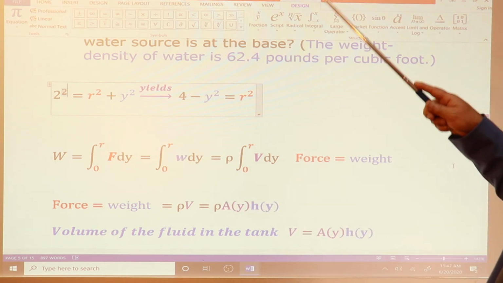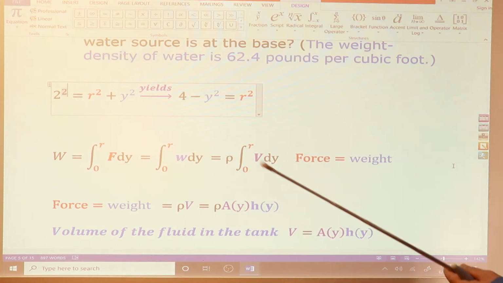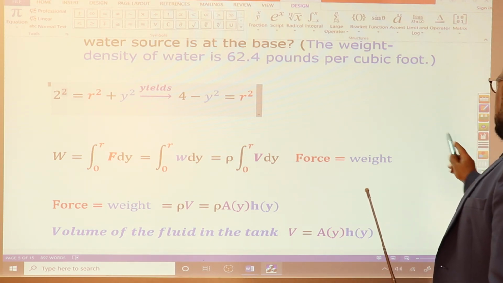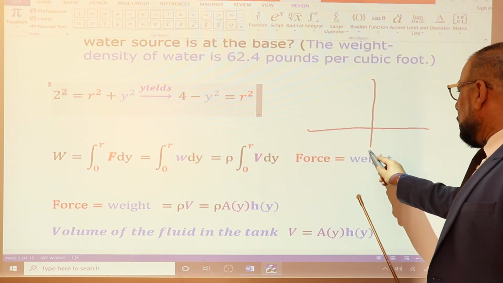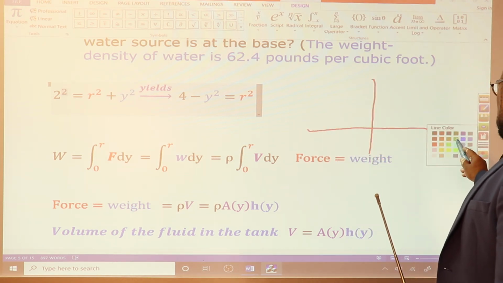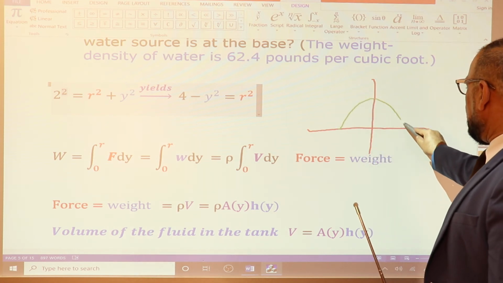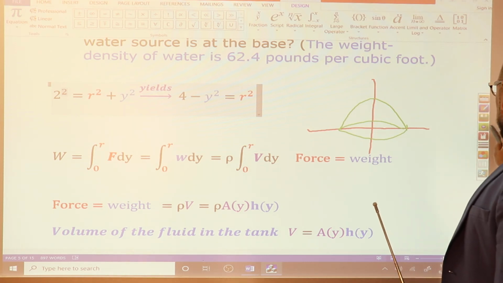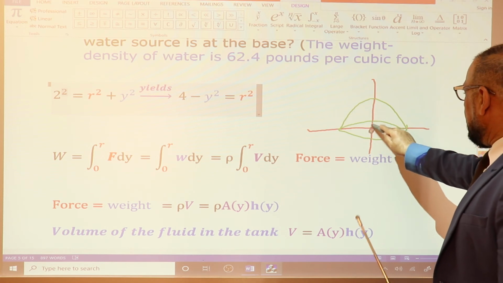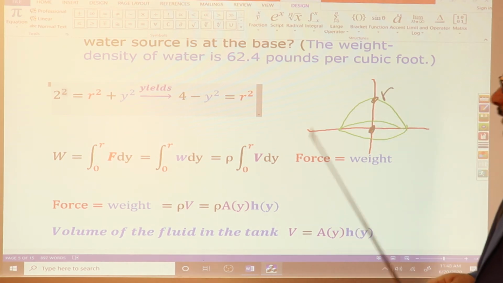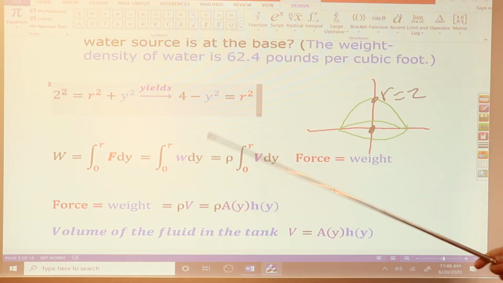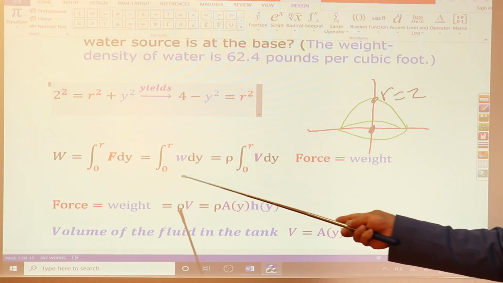From 0 to R, to the top of the tank, you need to fill. From 0 to where? To R. I'm gonna put the picture here. This is just a small picture. If you remember the tank like this, with the small radius here, right? Good. Then you need to fill it from 0, where is 0? From here, 0 up to R, which is the maximum value for R. R equal 2.